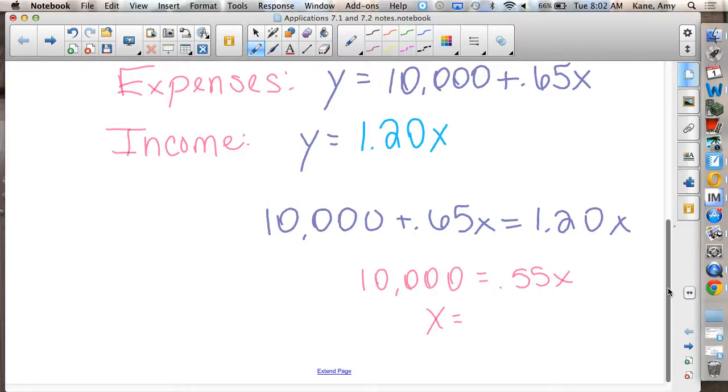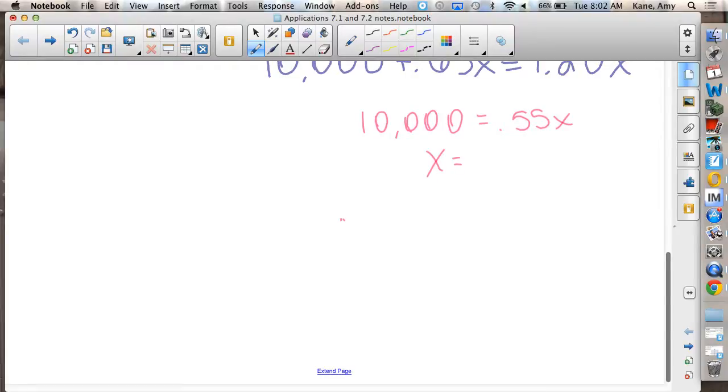I said about 18,182. Any questions? Don't forget to label it. We don't know what kind of units, but that's about how many units we need to make to break even. Questions?